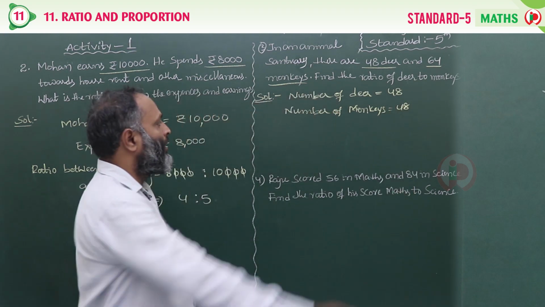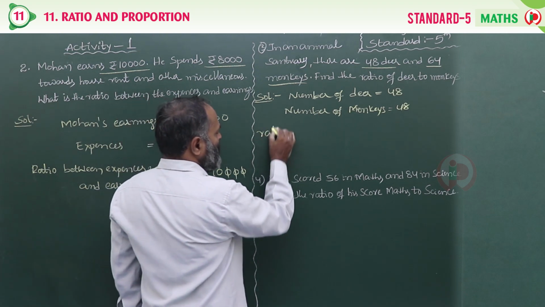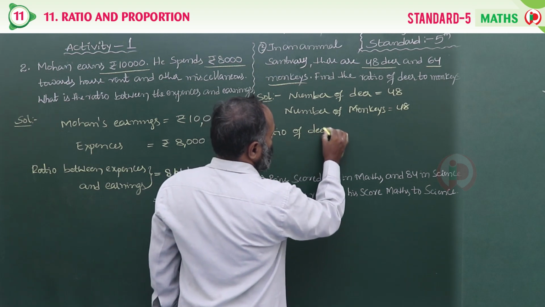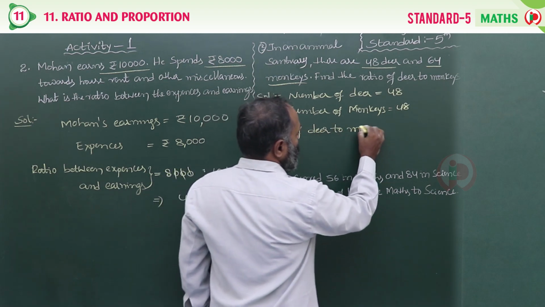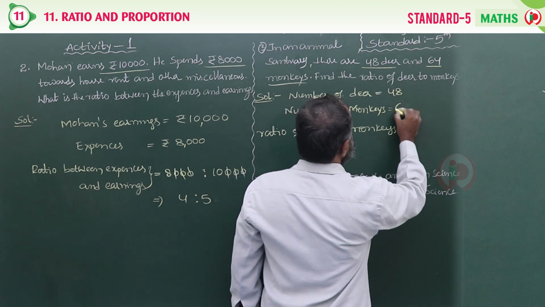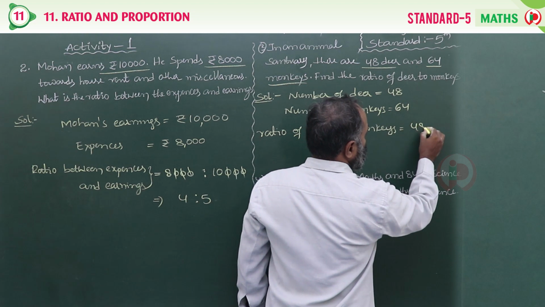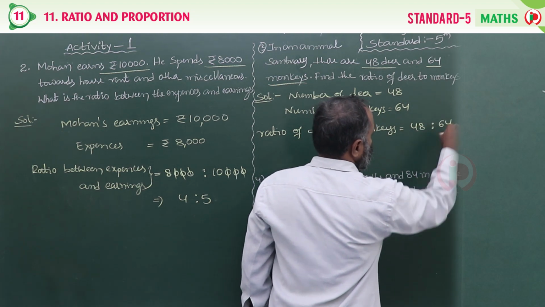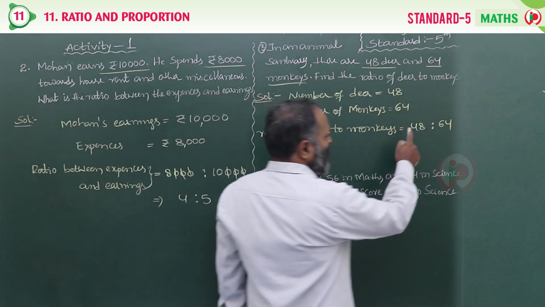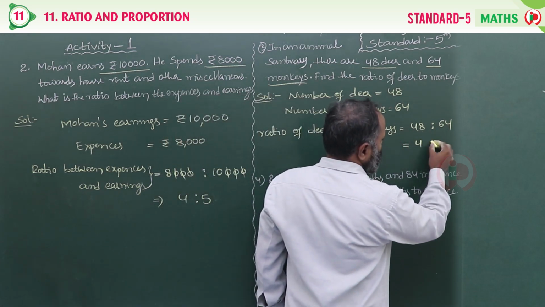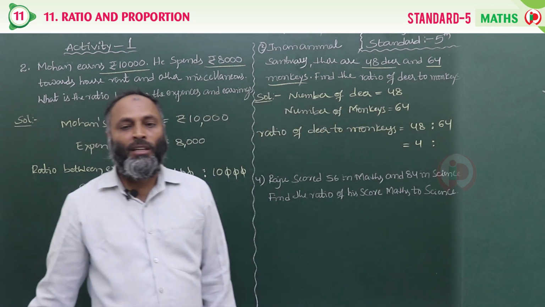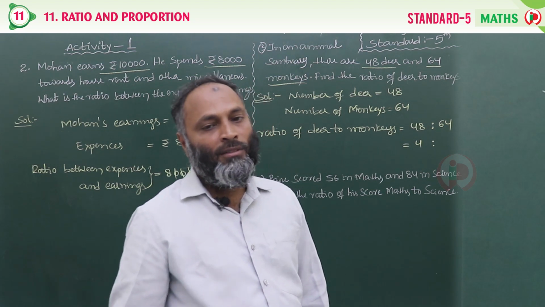So now the ratio of deer to monkeys is 48:64. Now these two are divisible by the 12 table. 12 4s are 48.